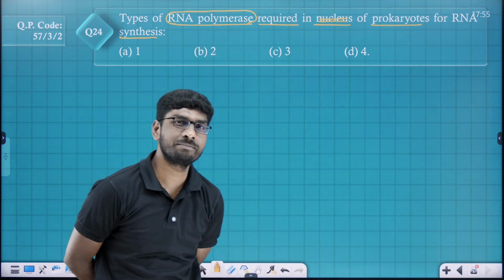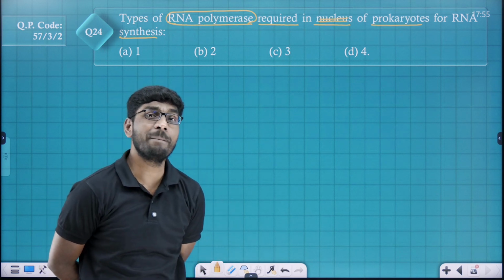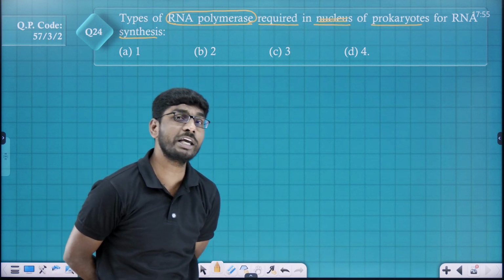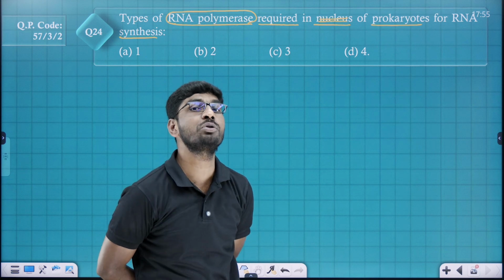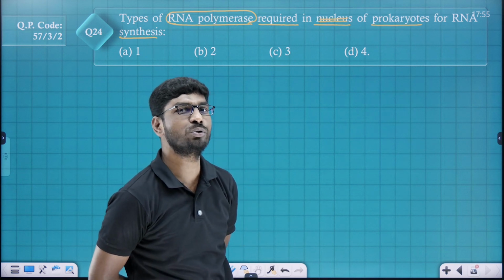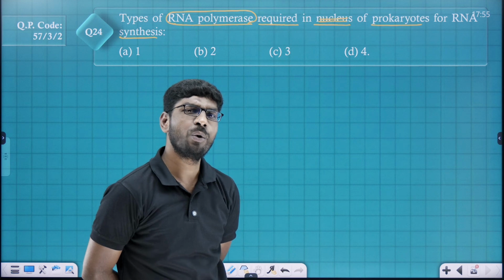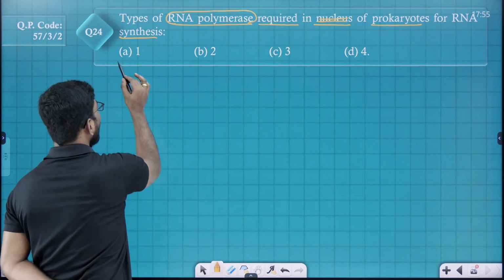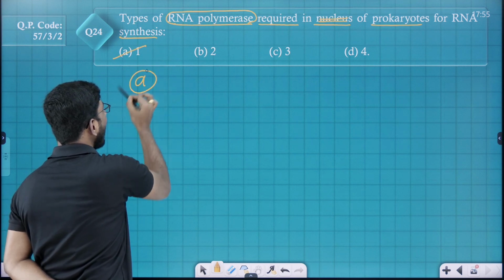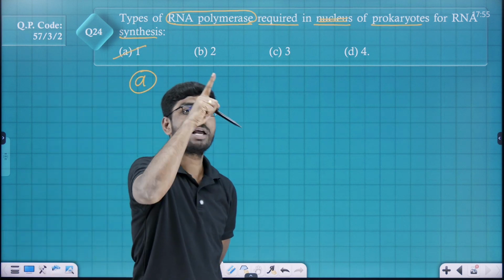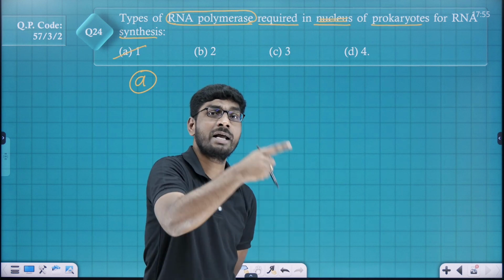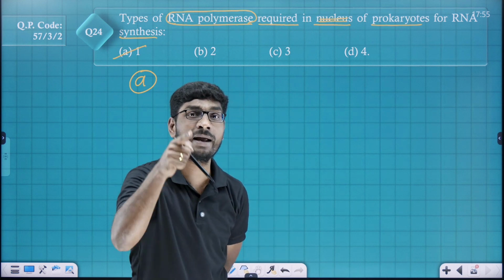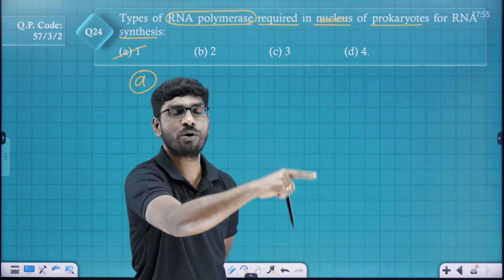I told you, if it is eukaryotic transcription, we would go with the 3 RNA polymerases 1, 2, 3. But they're asking about prokaryotes. What is the answer? The right answer is only one single RNA polymerase enzyme is enough to transcribe rRNA, mRNA, and also tRNA in prokaryotes.